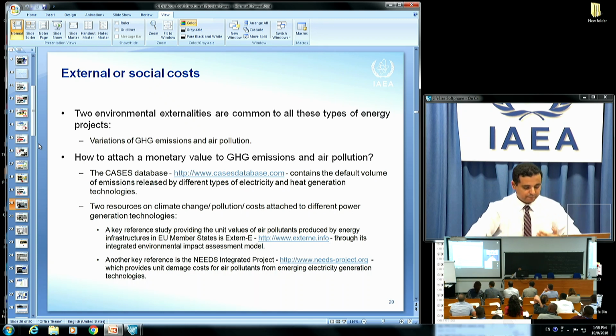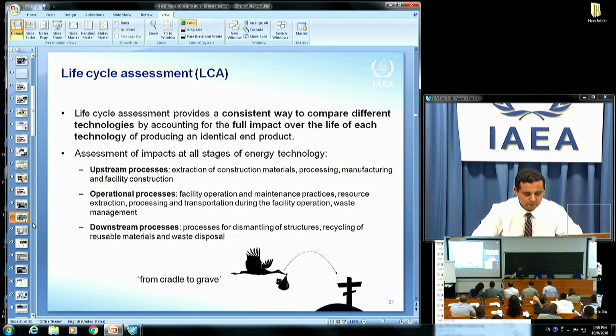Slide 21. What is important to know at this step is that when we evaluate costs, be it plant level costs or external costs, we consider the total life cycle of the plant.